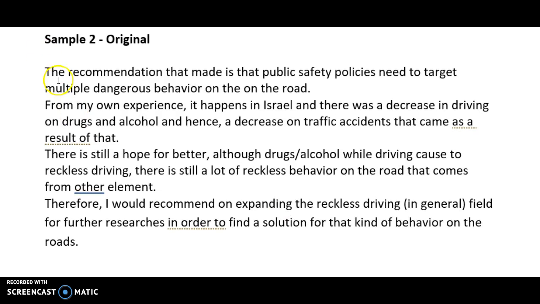Here too, what do we see? We see a list of sentences. And it begins, the recommendation that is made is the public safety plan needs to target multiple dangerous behavior on the road. And relating to the idea of multiple dangerous behavior. And in my experience, there's hope for the better, therefore I would recommend.